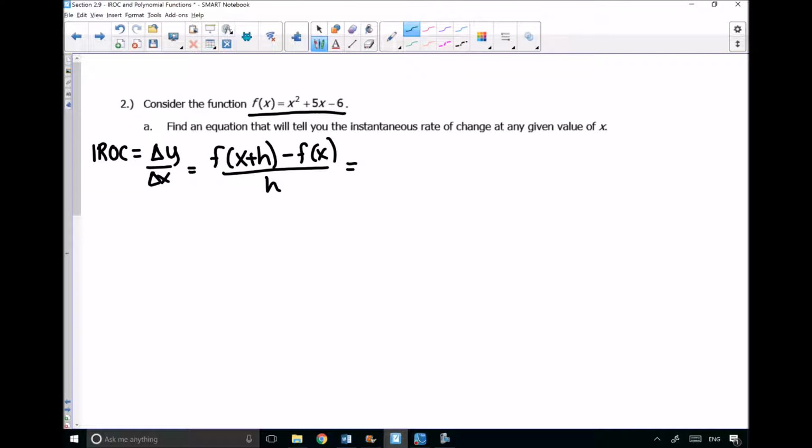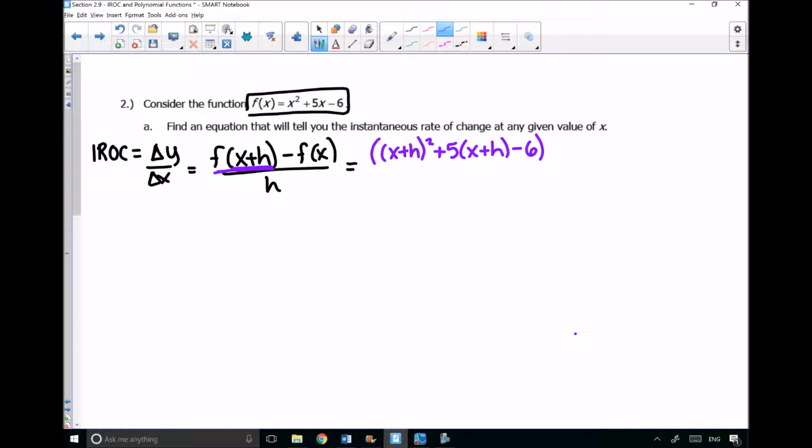So if my function is x squared plus 5x minus 6, what this f of x plus h is saying is every time I see an x, I'm going to replace it with x plus h. So what this is saying is I'm going to do x plus h squared. That's this x squared piece right here, plus 5 times x plus h minus 6. That's what f of x plus h is.